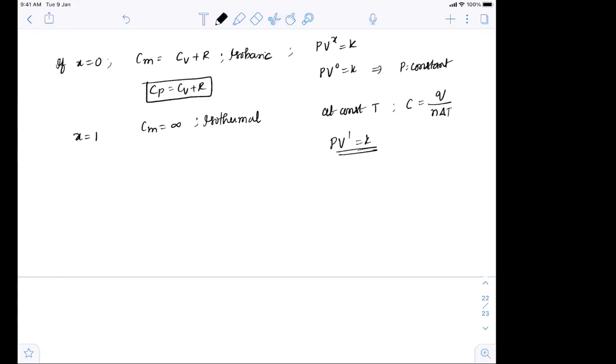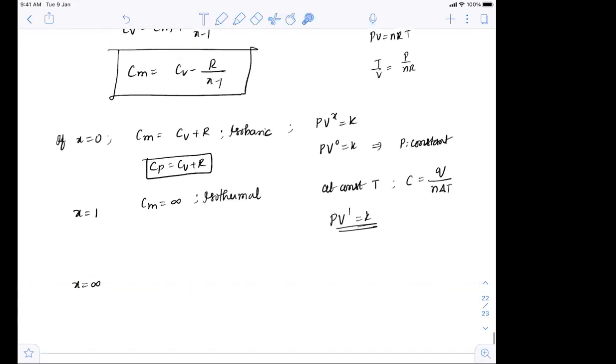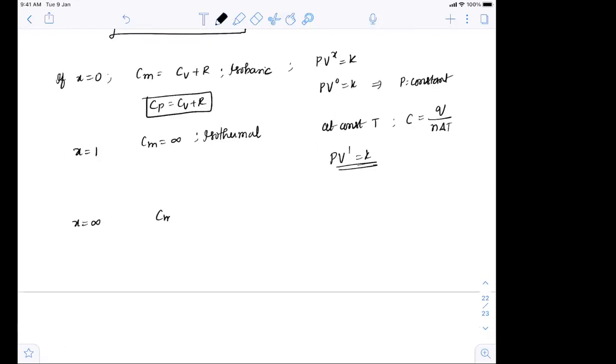Right. Similarly, if x is equal to infinity, what do we get? R by infinity, which means this will become 0. So Cm will be equal to Cv, which implies this is at constant volume. You can see that PV raised to power of infinity is equal to constant. If I divide everything by infinity, I can write it as P V raised to power of x is equal to k. Multiply and divide everything by 1 by x on both sides. What do we get?